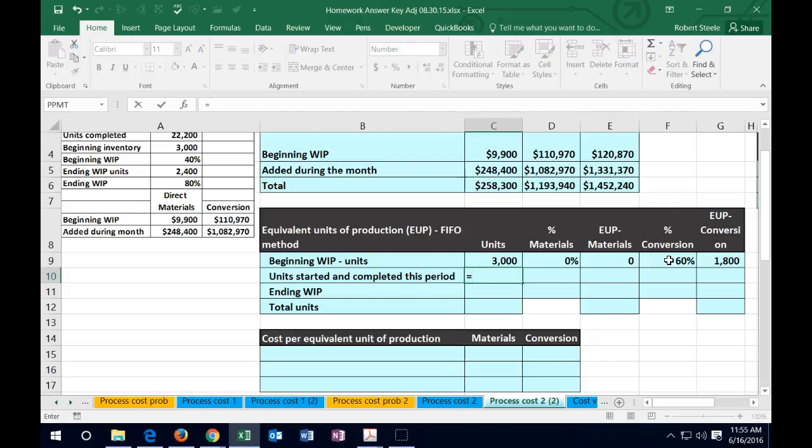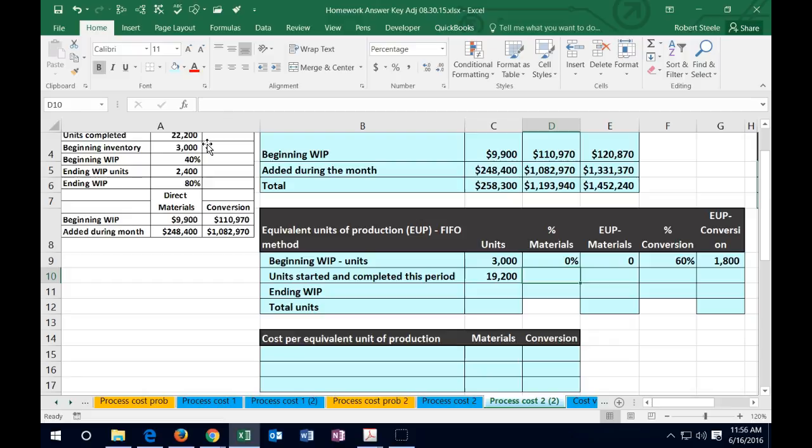We can do that in this case by saying, okay, here's the amount that was completed, units completed and transferred out, 22,200. Those 22,200 include the beginning inventory, because we're assuming FIFO. So if it was in there at the beginning, that's part of the units that were transferred out. Therefore, that minus the 3,000 means that the amount that was started and completed this time is the 19,200.